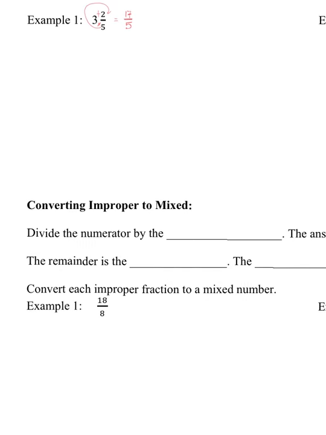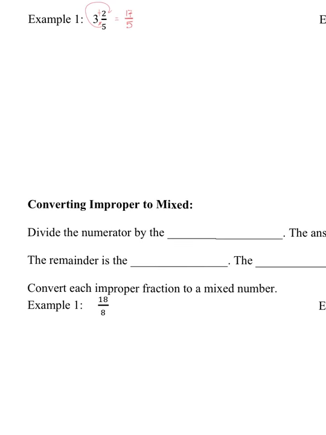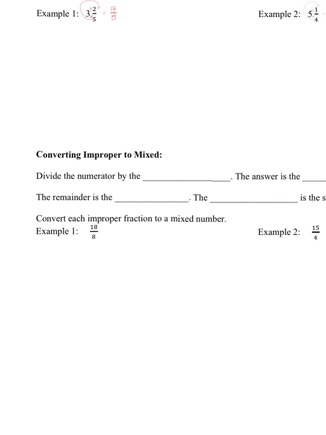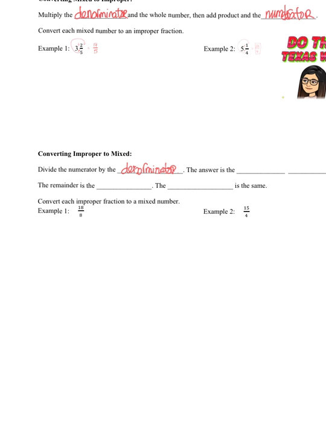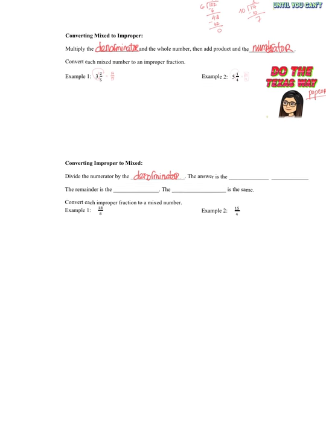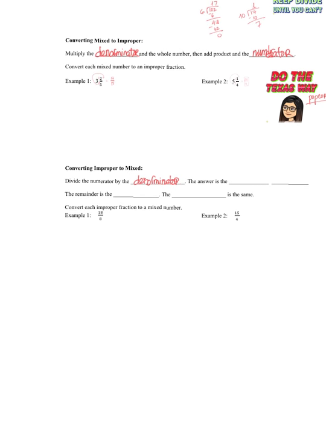Okay, next one. We're gonna convert an improper fraction to a mixed number. You're gonna divide the numerator by the denominator. The answer will be the whole number.